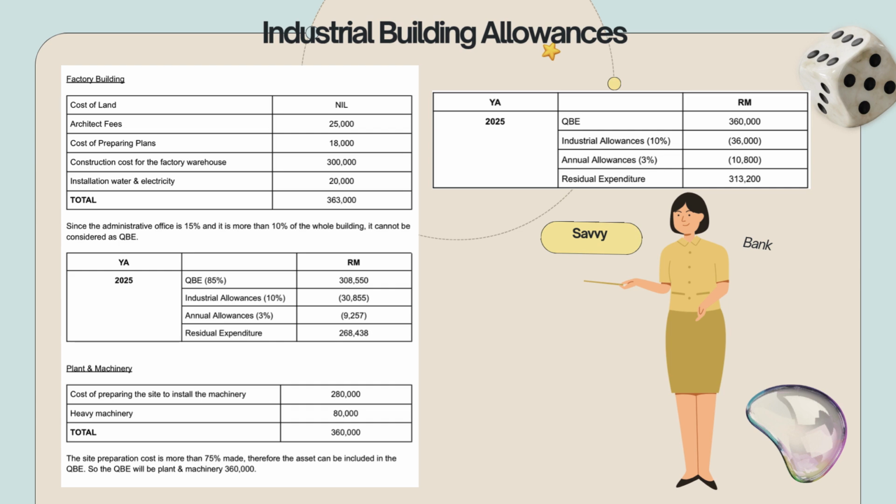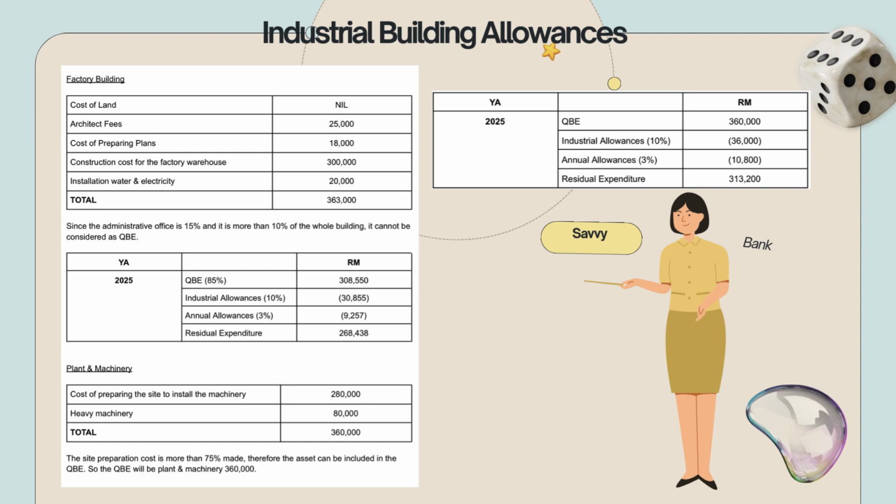The initial allowance is 10%, which is RM 36,000, while the annual allowance is 3%, amounting to RM 10,800. After deducting these allowances, the residual expenditure is RM 313,200. That concludes the Industrial Building Allowances section.